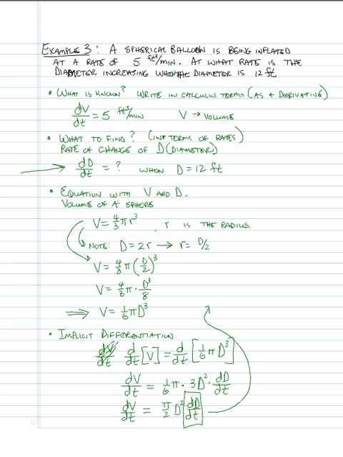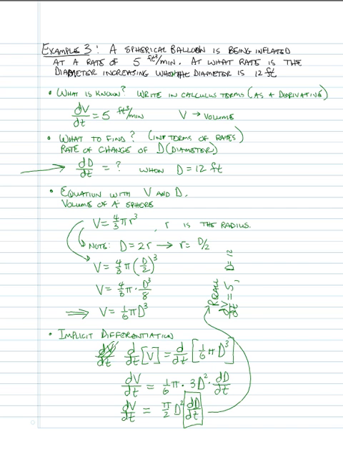Let's put our pieces together now. Recall that we know the derivative of V with respect to t is the constant 5, don't we? And we want to know the derivative of the diameter, or the rate of change of the diameter, specifically when the diameter is 12 feet.